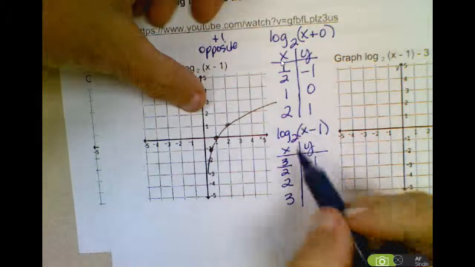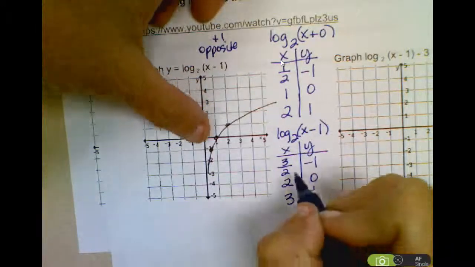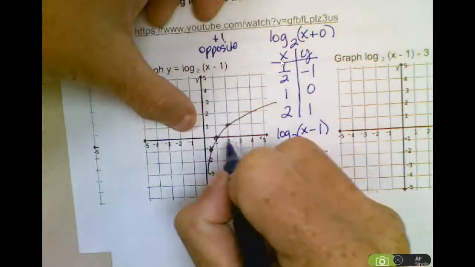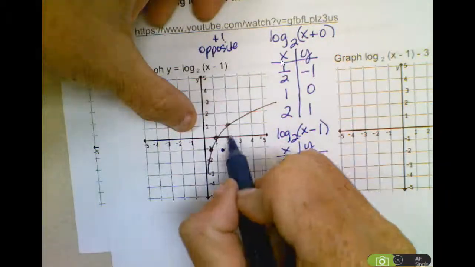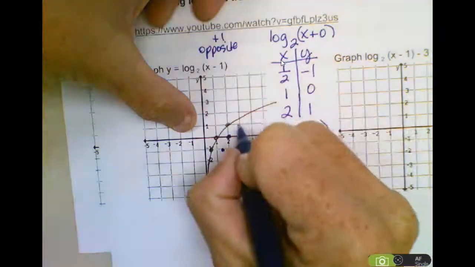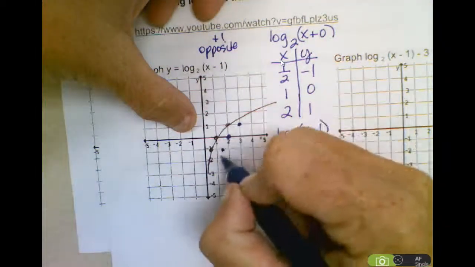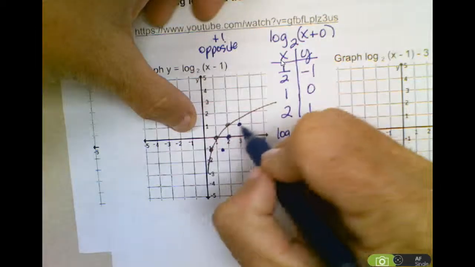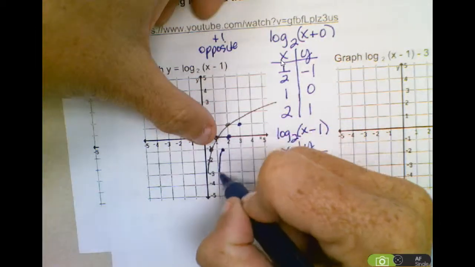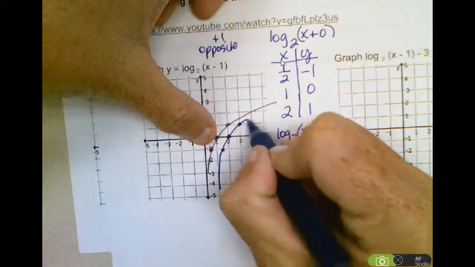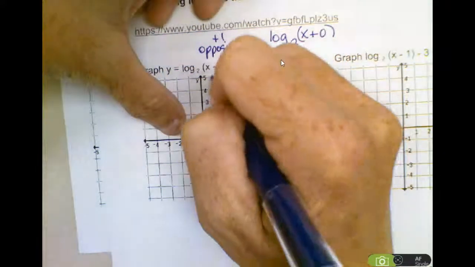Now let's graph log of 2x minus 1. So we have 3/2, -1, 2, 0, and 3, 1. So what did that do to our line? It basically just shifted it all to the right by 1.